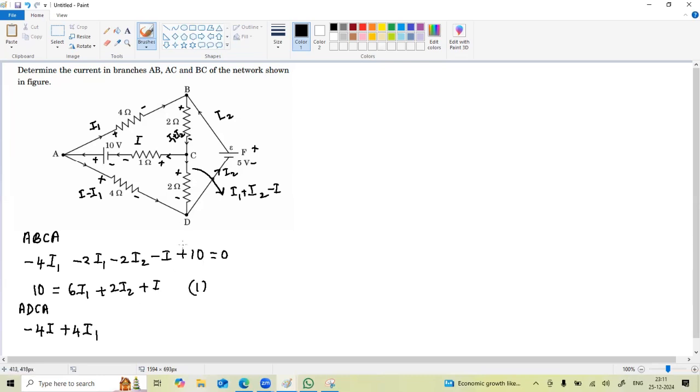Now D to C, you're going from negative to positive terminal, so the potential is positive since you're leaving from the positive terminal. It will be 2 times (I1 plus I2 minus I), so 2I1 plus 2I2 minus 2I. From C to A, you go back. This 1 ohm resistor, you're leaving from the negative terminal, so the potential is minus I. Then from the cell, you're leaving from the positive terminal, so plus 10.